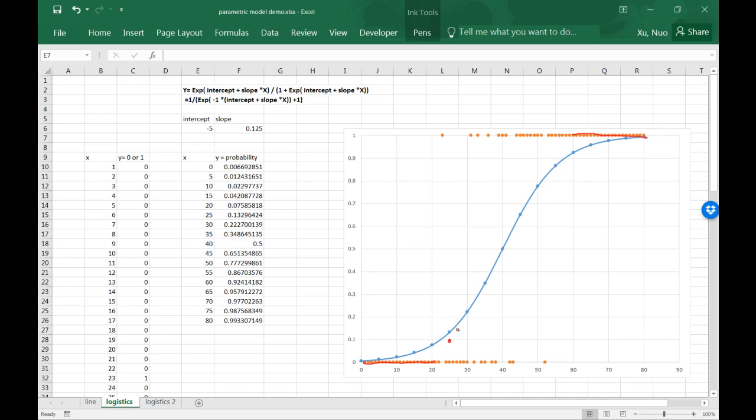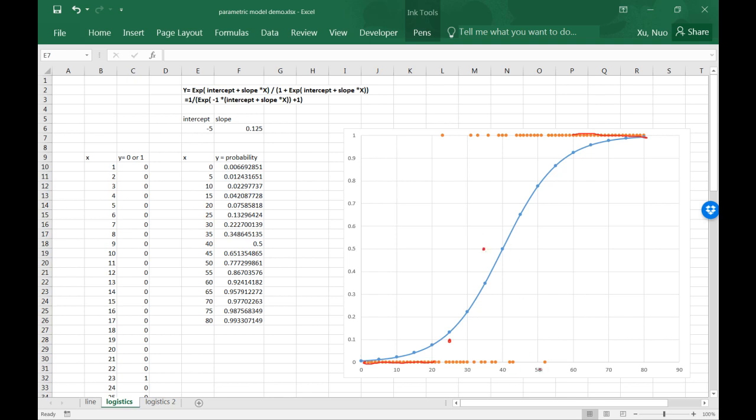Similarly, we can work out the rest. Between 30 and 40, there are 5 ones and 5 zeros. Therefore, it's reasonable to assume within this range, the probability of being 1 is right here, 50%.